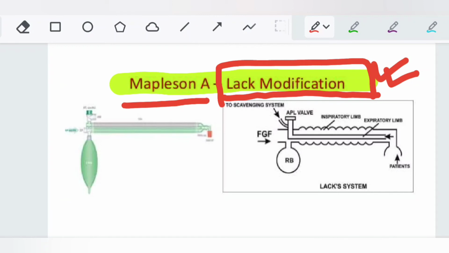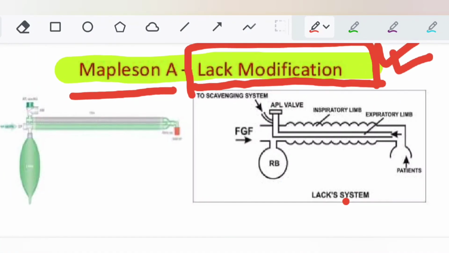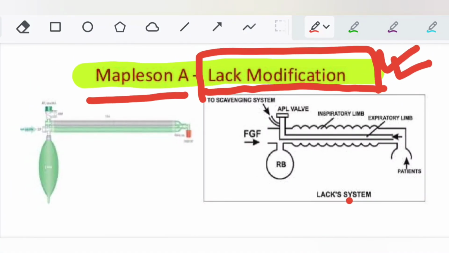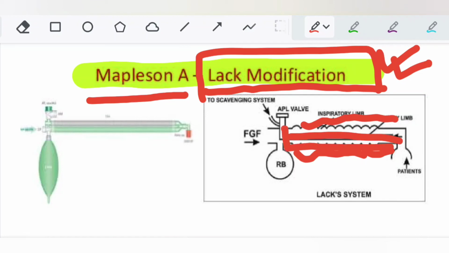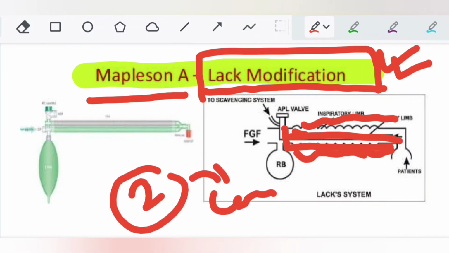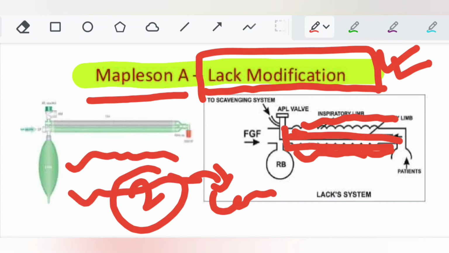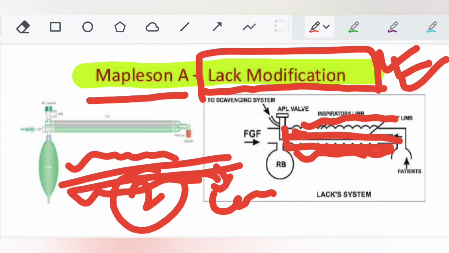In a coaxial circuit, the corrugated tubing is present and inside it another tube also goes, so it is known as a coaxial circuit. So the Lack modification is a coaxial modification of Mapleson A.